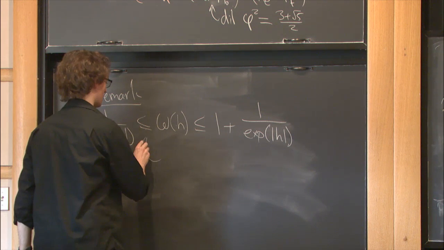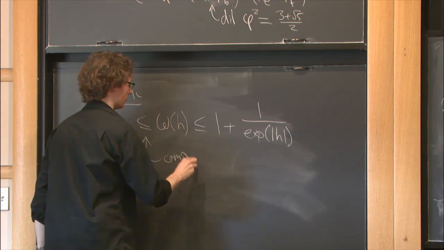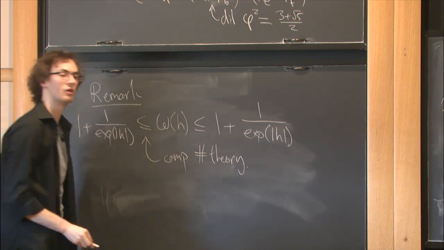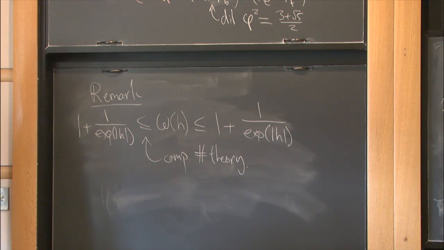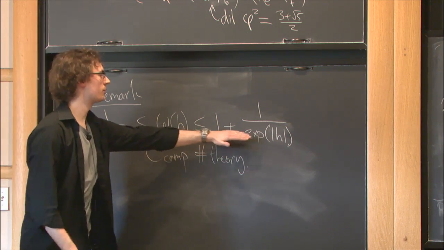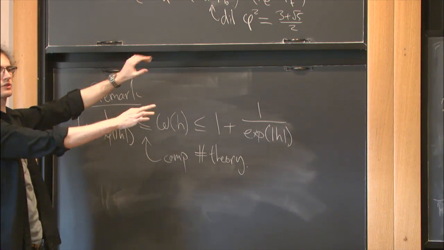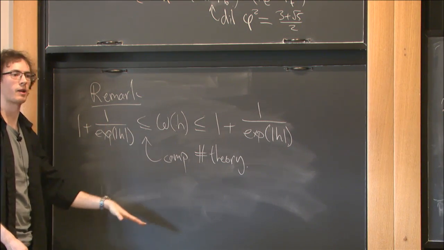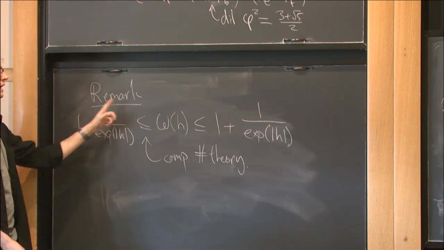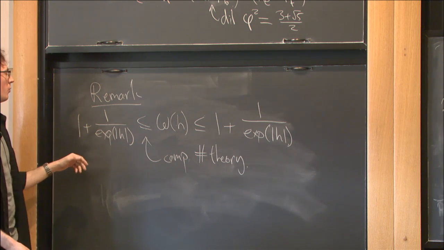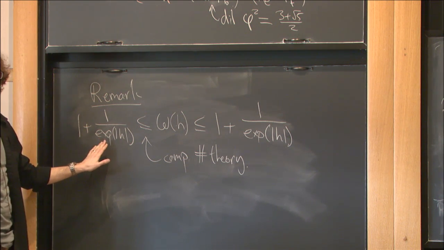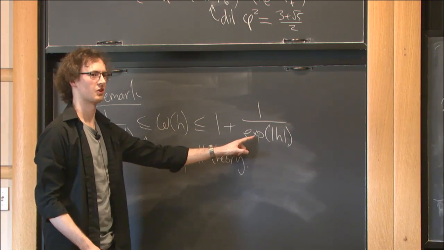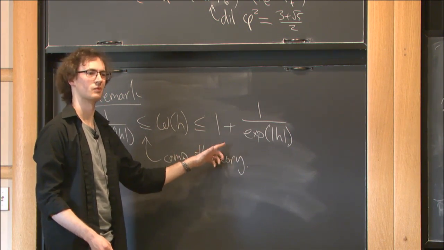So this is computational number theory, which lets you get this lower bound. If you want the upper bound up here, you have to go through some examples like this. Actually, this lower bound holds for all mapping classes. Anytime you have any mapping class at all, the spectral ratio is bounded below by 1 plus 1 over some exponential function. And maybe it's worth highlighting that this exponential function and this exponential function are almost certainly not the same thing.